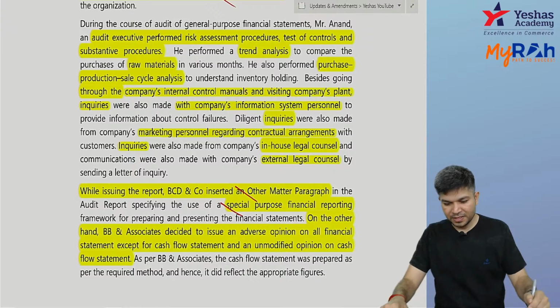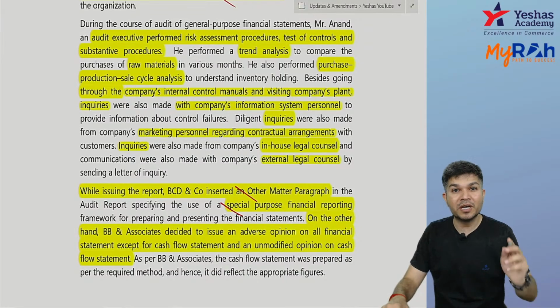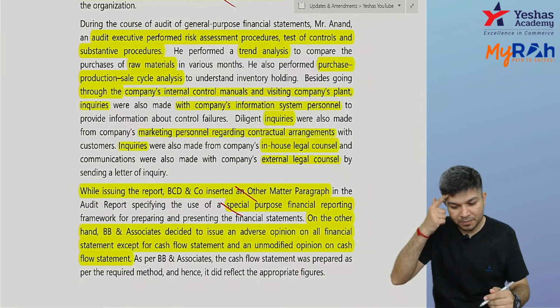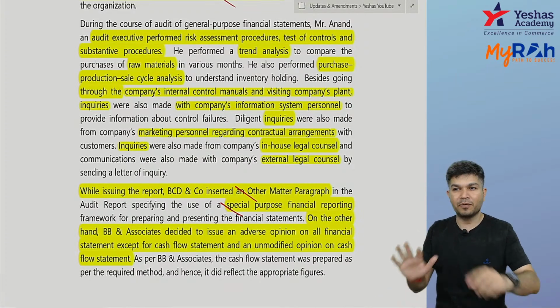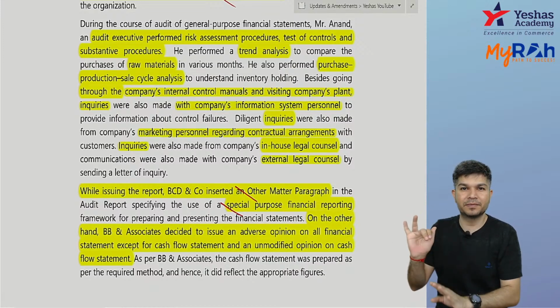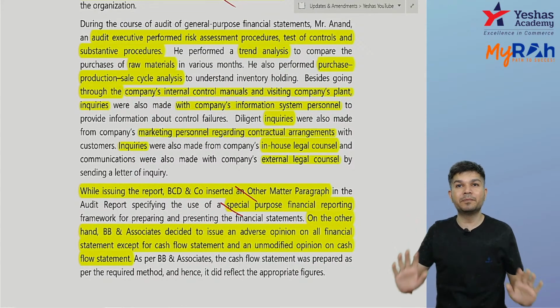Now, on the other hand, BB and Associates, the auditor of the general purpose financial statement, decided to issue an adverse opinion on all financial statements except for cash flow. So for the balance sheet and P&L, I want to give adverse, but for cash flow, I want to give a clean report.